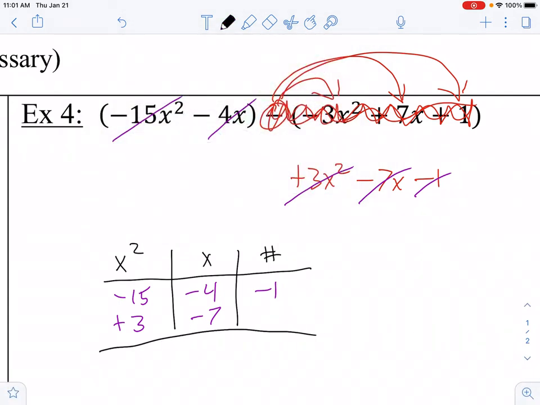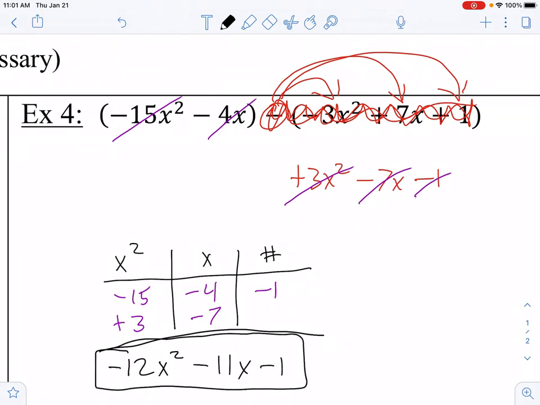And now we're just going to combine these. So negative 15 plus 3 is a negative 12, and that's an x to the second. Negative 4 minus 7 is negative 11, and that's an x. And then negative 1 didn't get changed by anybody. So it's a little bit of writing, but these are very, very doable.